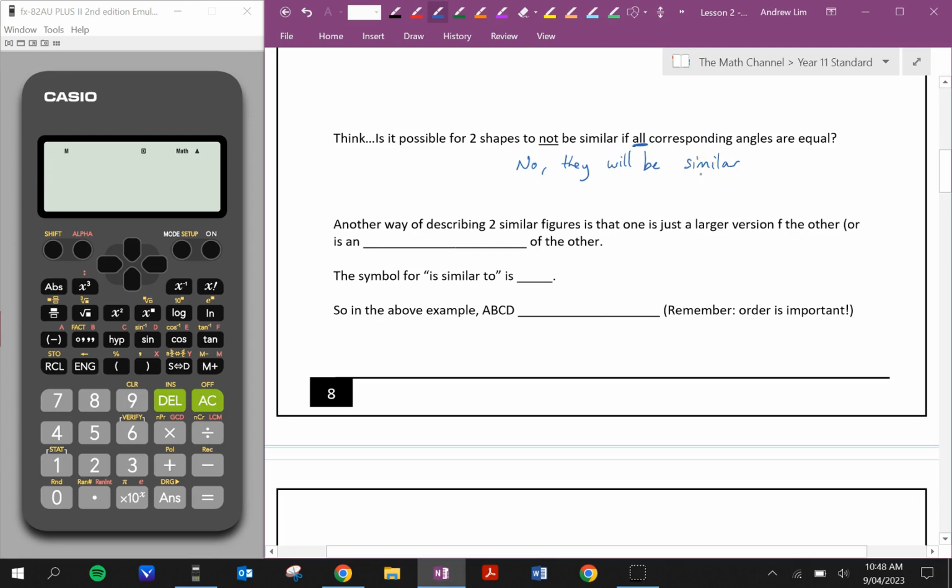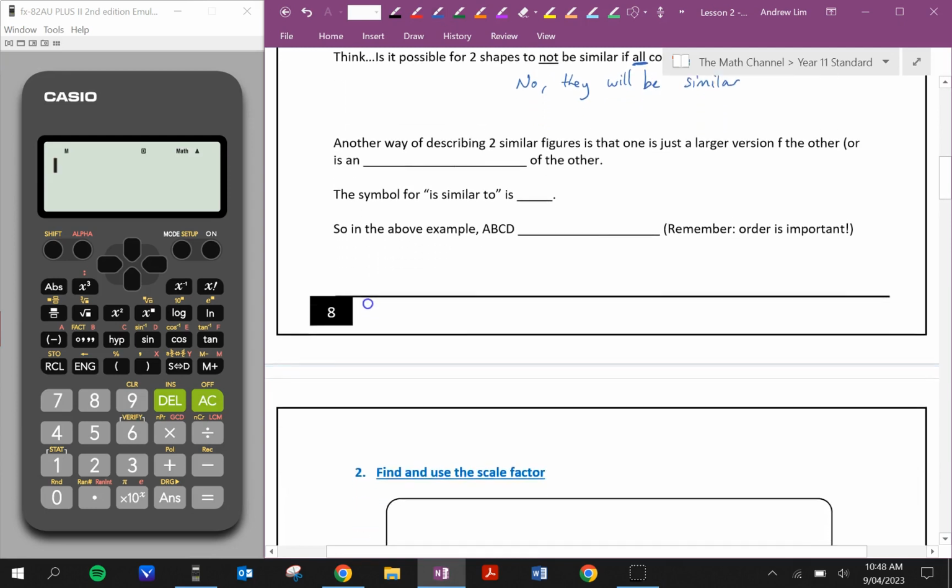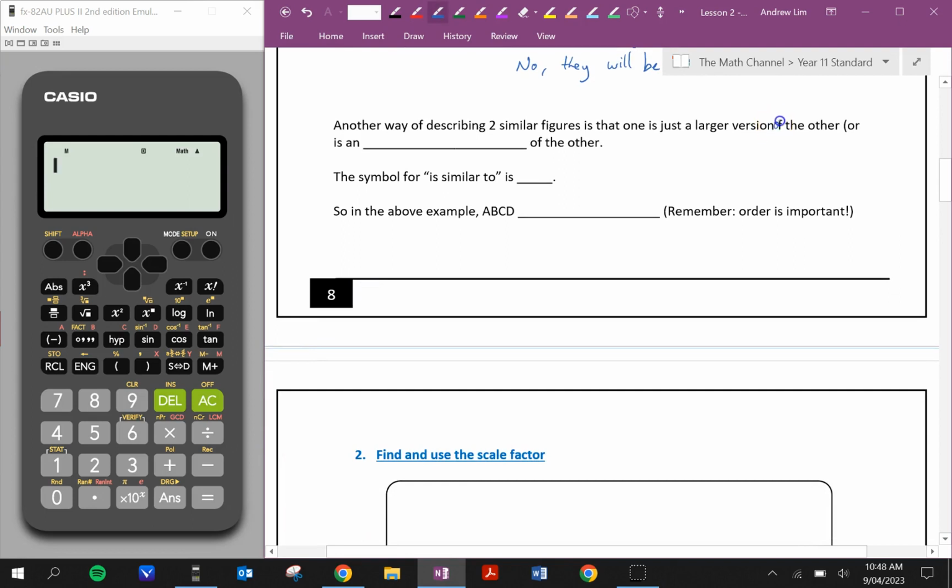Another way of describing two similar figures is that one is just a larger version of the other, or is an enlargement of the other. The symbol that we use for "is similar to" is three vertical lines.